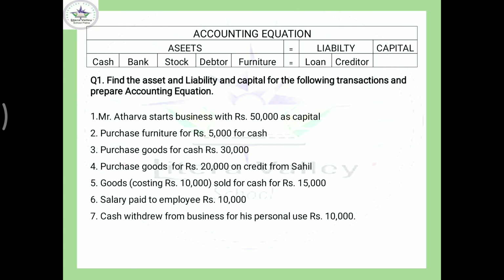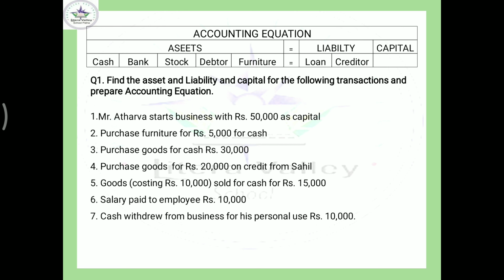Let me explain with an example. I am taking only two examples. Business is started with cash. Now I think you have learned the concept. So business is started with cash of rupees 1 lakh. Cash balance will increase by 1 lakh and capital will also increase by 1 lakh.